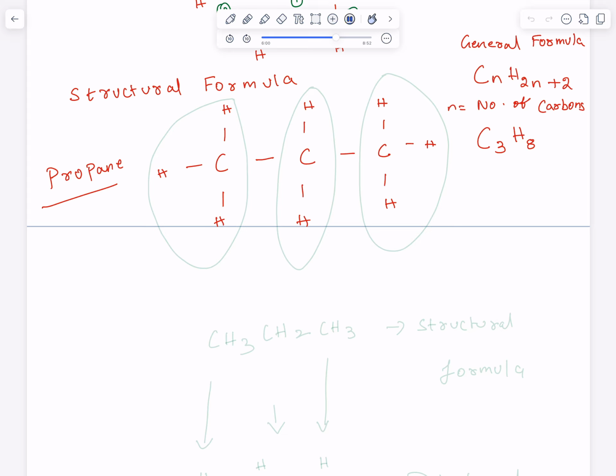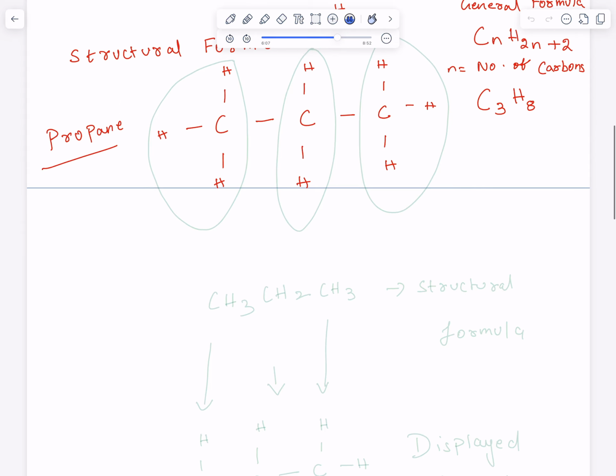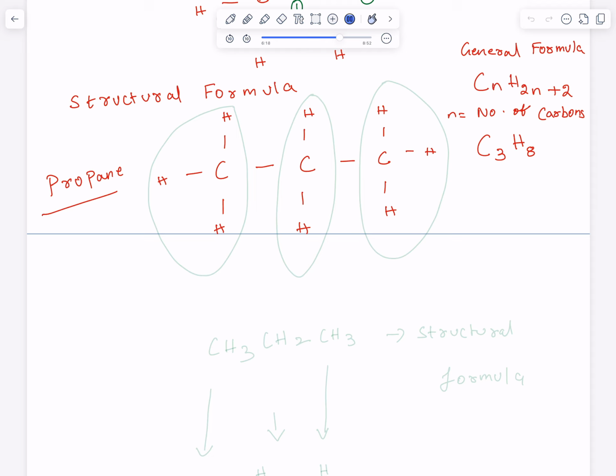But to get that grade 9, I would definitely recommend learning your carbon prefixes up until 10 carbons, because sometimes in the question paper they can give you questions based on up to 10 carbon molecules. It is useful to clinch that grade 9 in chemistry to have that extra bit of knowledge. But according to your specification, you're required to learn only up until butane.